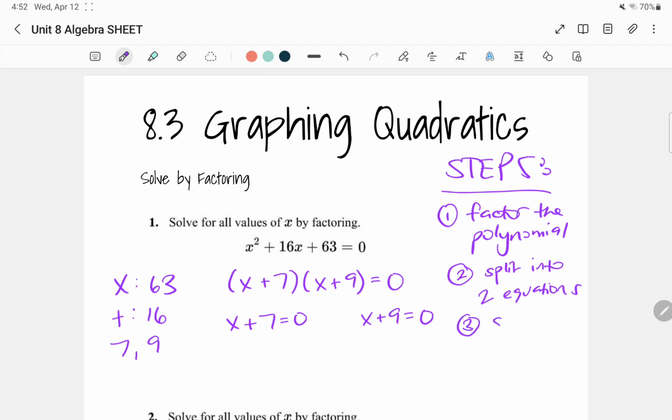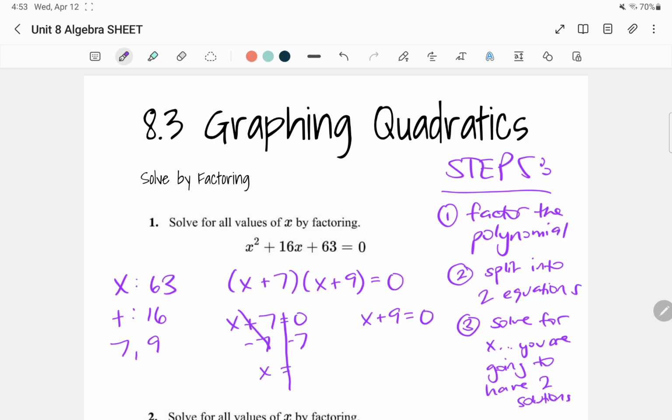And now I'm going to solve for x, and I'm going to have two solutions. So for my first one, I'm going to subtract 7 from both sides.